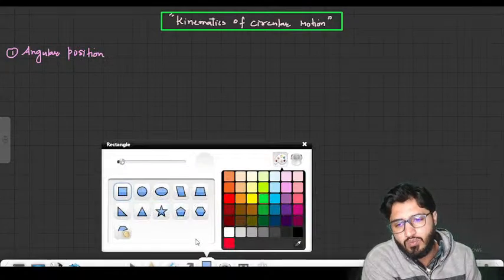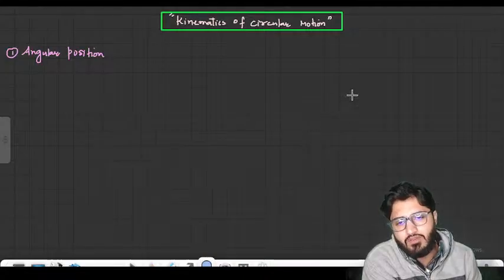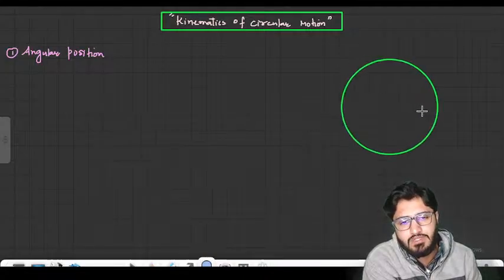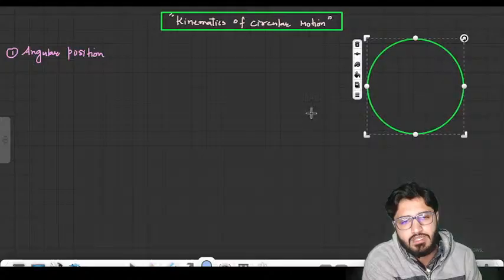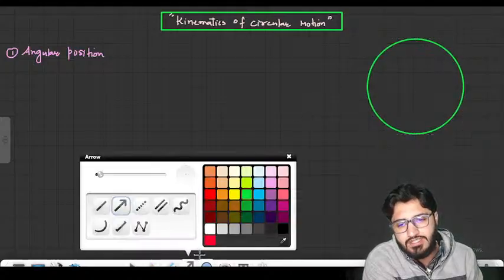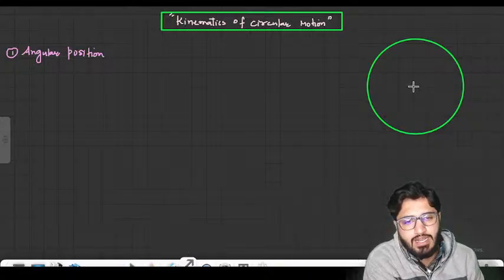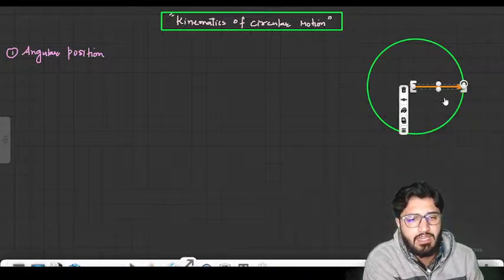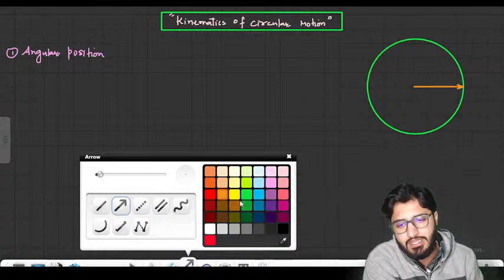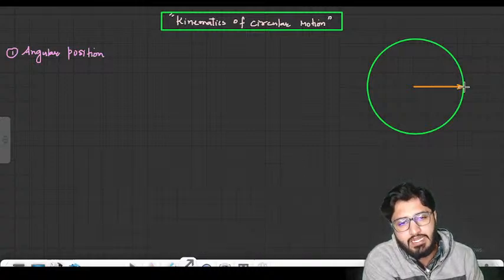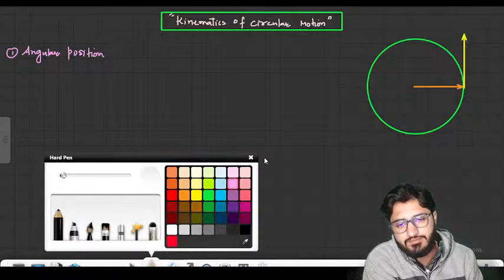Suppose we are having something like this, no? This particular thing represents a circular track, my radius vector. The particle is performing anti-clockwise motion.